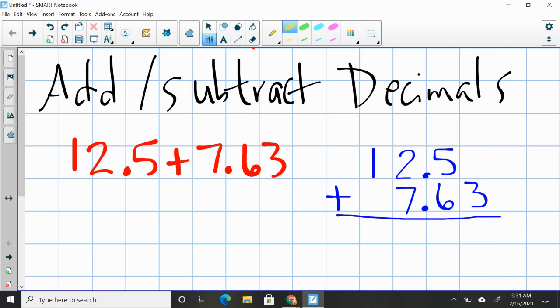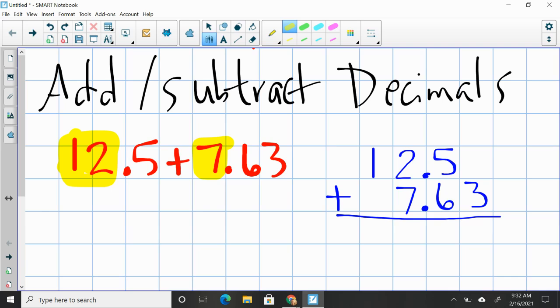So if I look at the number 12 and 5/10, that's pretty close to how much? How many whole? We could say 12, or you could round it up to 13 if you wanted to. But just for time's sake, I'm just going to say 12. And then my second number, I'm just going to say 7. You could round it up to 8 if you wanted to. So you could say 12 plus 7 is 19, or you could say 13 plus 8 is 21.